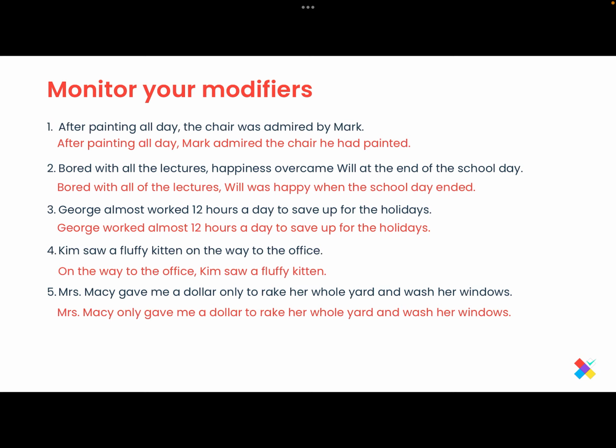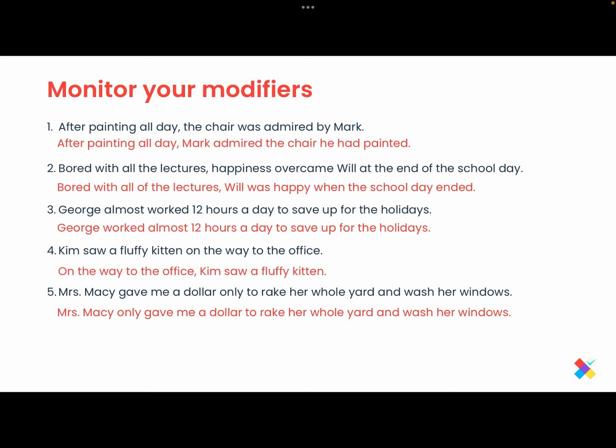And the last example, we've got just a lousy dollar here. On occasion, as you know, misplaced modifiers can create a sentence that is possible, but not likely. Mrs. Macy gave me $1 only to rake her whole yard and wash her windows. Now, this sentence could be correct.